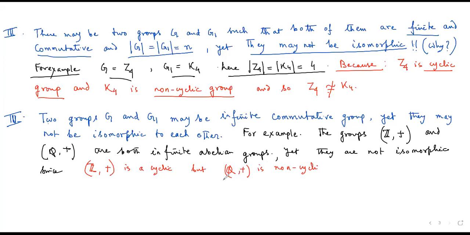We proved this result that Q plus is a non-cyclic group. Z plus is a cyclic group; I asked you to go through the proof in the book. I don't know whether you have gone through that or not, but if you have not, try to find it and go through the proof. How to show that this infinite group is a cyclic group.